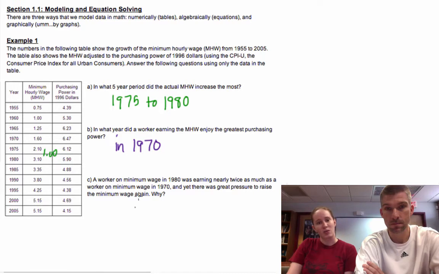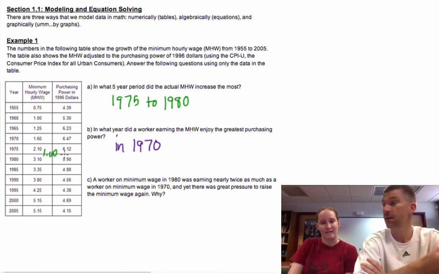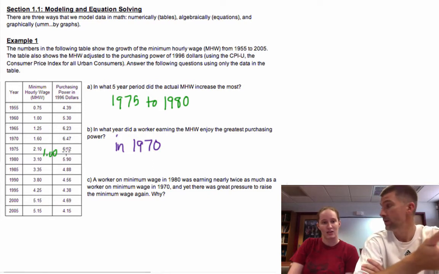Part C: a worker on minimum wage in 1980 was earning nearly twice as much as a worker on minimum wage in 1970, and yet there was great pressure to raise the minimum wage again. Why would this be? I would think the purchasing power would have the biggest impact on that, like the minimum wage discussions going on today.